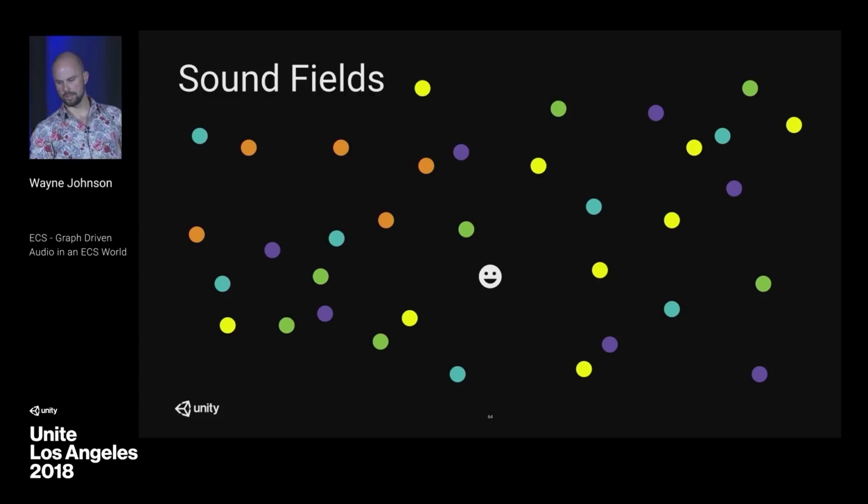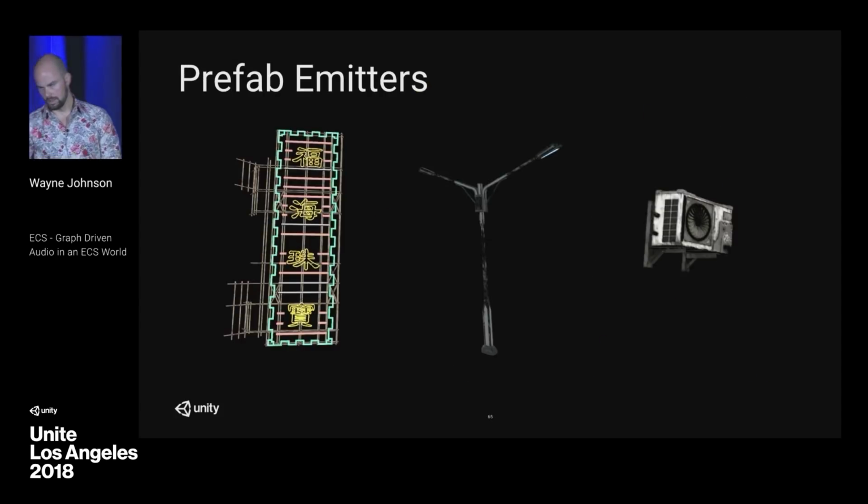What sound fields are: imagine a scene with all of these prefab instances just scattered around everywhere, and each one of these prefabs is of a particular type. You can imagine your neon signs, your AC units, scattered everywhere. The neon signs play a different sound to the AC unit, of course. So they're grouped into these clusters of types of sounds.